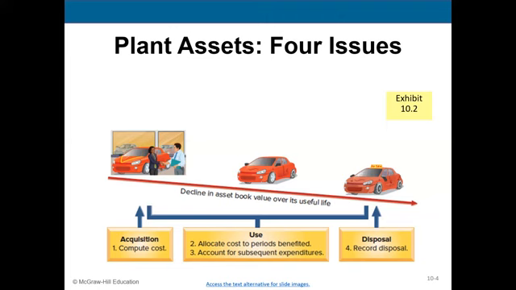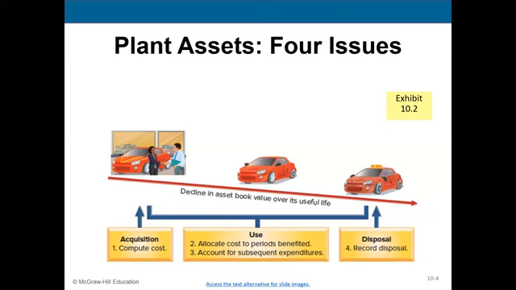You see? So when fixed assets lose their usefulness, we call it depreciating in value. It's losing its value, right? So we need to account for that loss in value. And we do that through what we call depreciation.